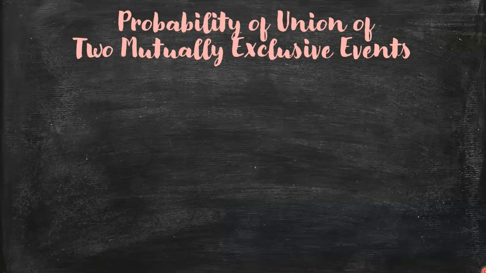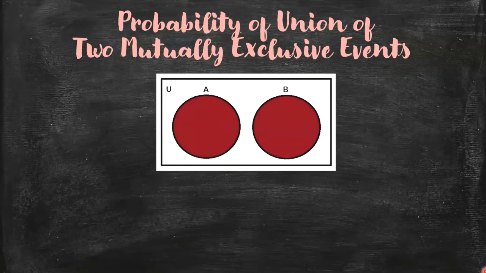Let us recall a Venn diagram here. This is a Venn diagram that represents two events that are mutually exclusive. Ibig sabihin, wala silang intersection. Ayan o, magkahiwalay sila. Disjoint sila. So, this is how we get the probability of their union.